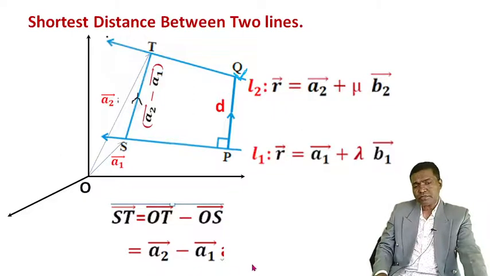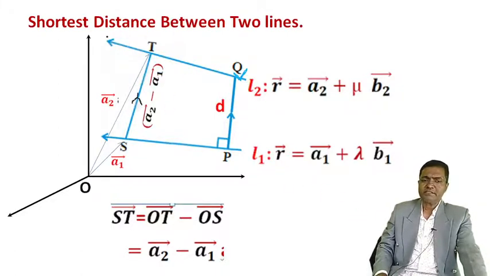So this also we require. And here PQ is our requirement. PQ is the shortest distance, which is perpendicular to both L1 and L2, and we are interested in this length, that is D, the length of PQ. So this is your basic explanation.